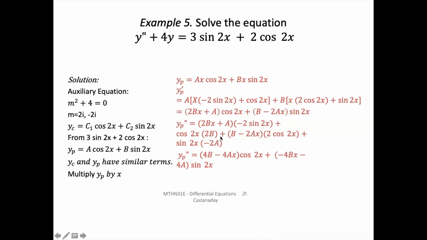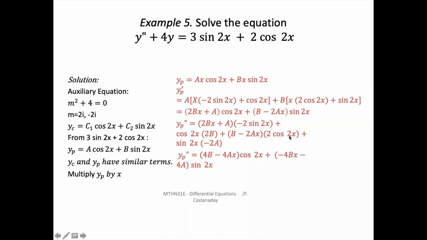Plus, for the second term, you copy first this factor, b minus 2ax, differentiate sine 2x, so you have cosine 2x times 2, because if you differentiate 2x, that is 2. Plus, you copy sine 2x and then differentiate b minus 2ax, so you have 0 minus 2a, so you have minus 2a here. And then we simplify, we have 4b minus 4ax cosine 2x.